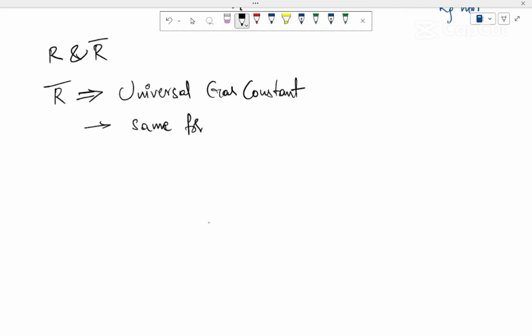Its value is R bar equal to 8.314 kilojoule per kg mole Kelvin, as we have seen already, and it is the same for all the gases.